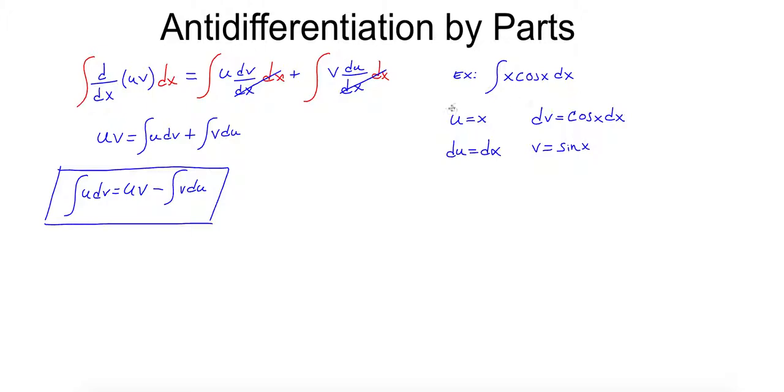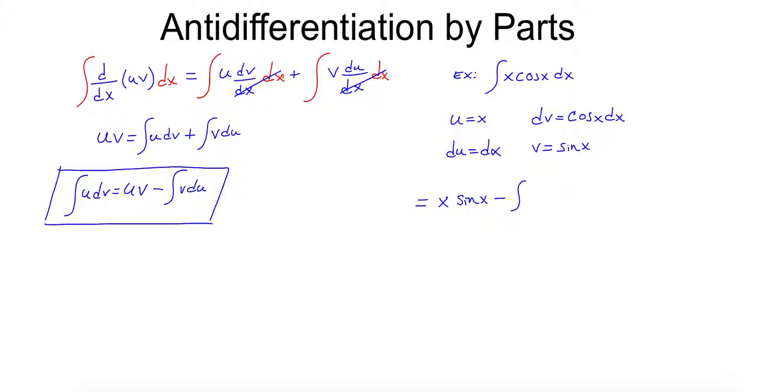Okay, so now I've got all of my parts here. I can go ahead and start plugging into this formula right here. So I know that my integral here is going to equal u times v, so that's going to be x times sine x minus the integral of v du. Well, v was sine x.